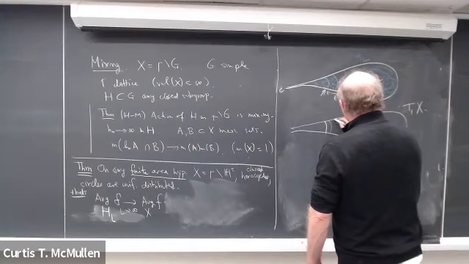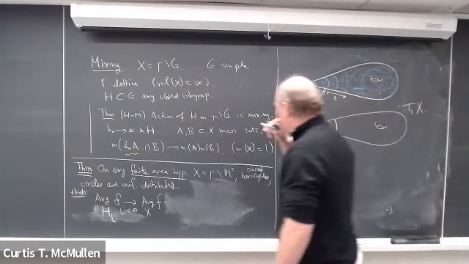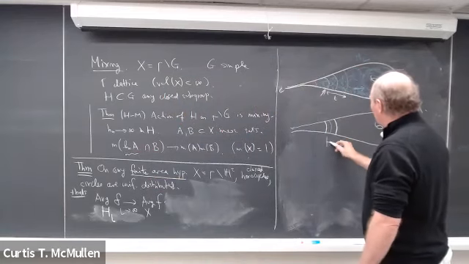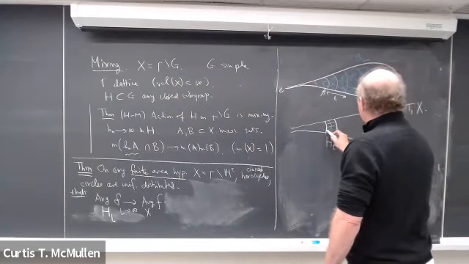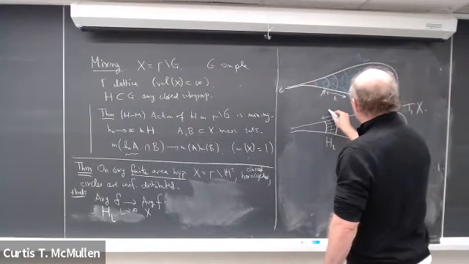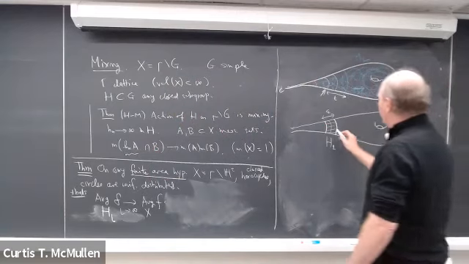So what we do is we need to take a set of positive measure A. And so we take, say, our horocycle of length 1, and then we take a little band about it of some small length epsilon. And now we have to lift it to the unit tangent bundle.